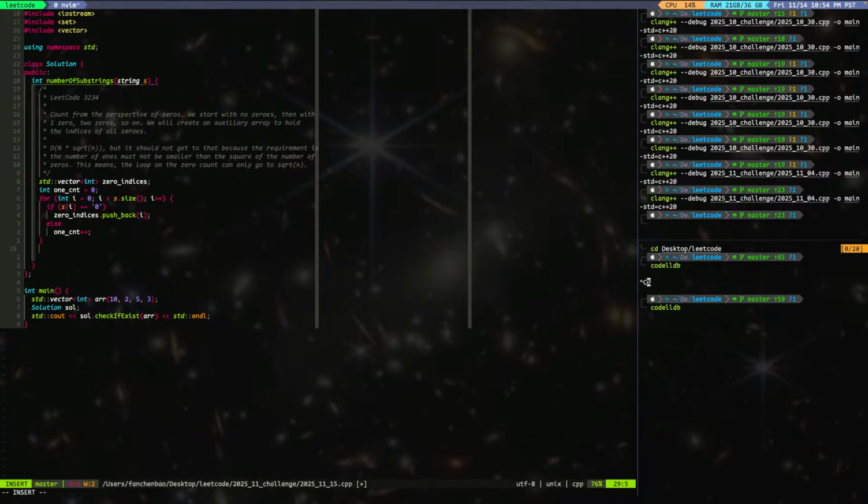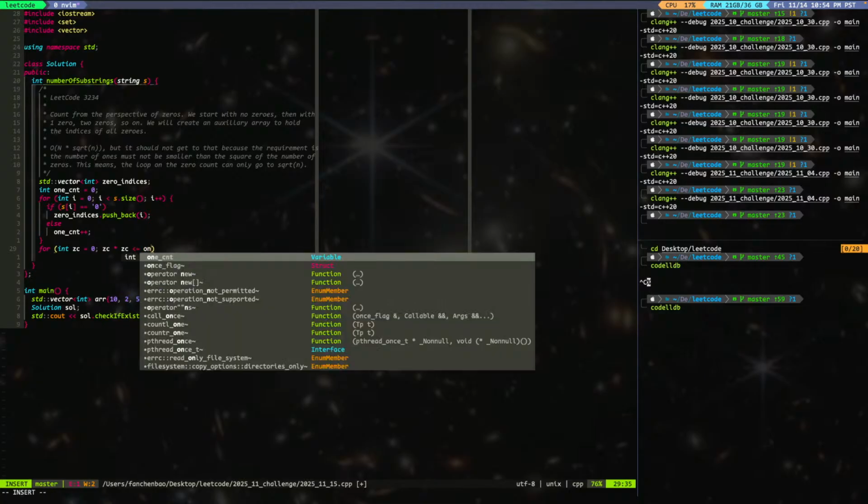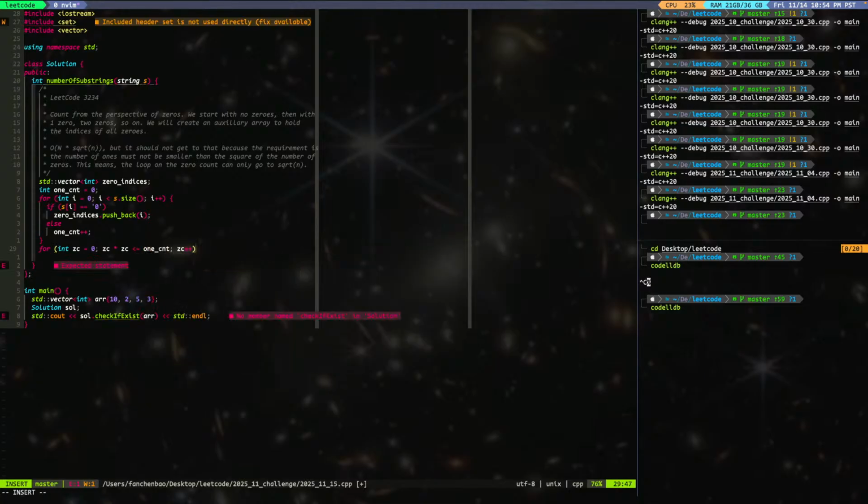Then we just go for int z count equals 0, z count times z count is smaller or equal to one count, and z count plus plus, right?